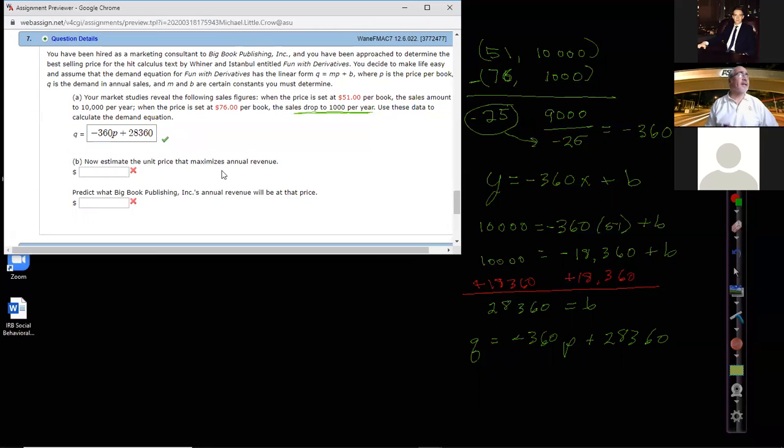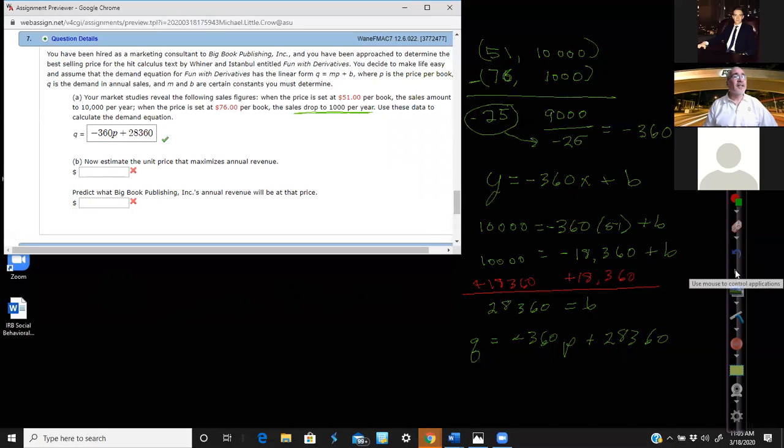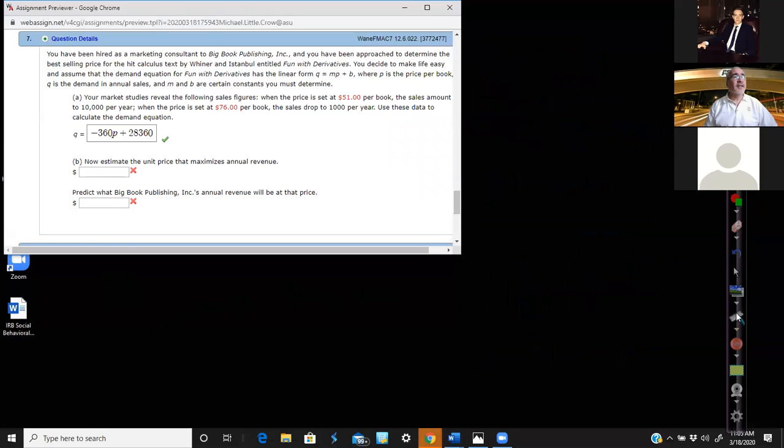There we go. Okay, so read the question carefully and correctly. So now we've got a correct equation. We follow through with the same process that we did last solution with the wrong equation. So I'm going to clear off this work, and we'll look at elasticity again.